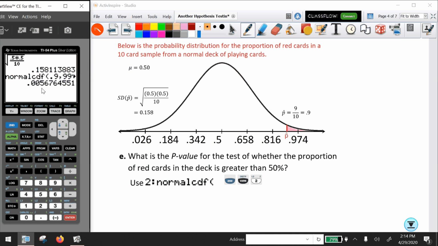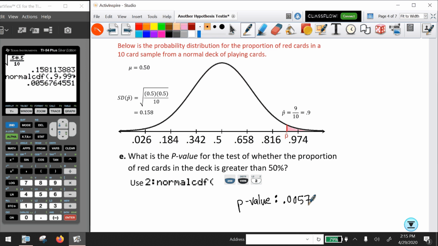There's only a 0.567% chance of that happening. So there's less than a 1% chance of that happening. Our p-value is 0.0057 if I round it, which is significantly lower than the usual benchmark for statistical significance.